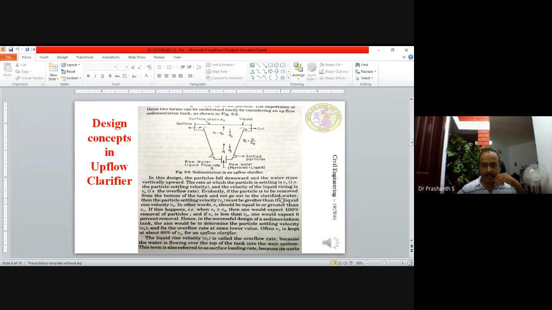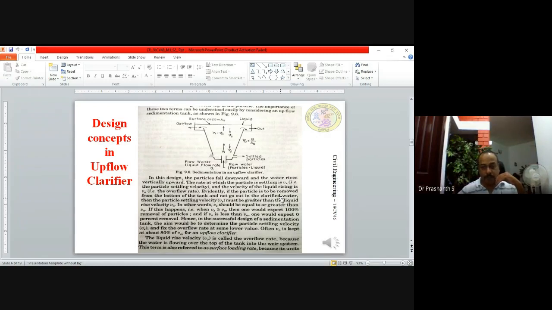Let us take the rate at which the particle is settling, the particle settling velocity, as Vs, and the velocity of the liquid rising as V naught. So V naught is nothing but, as I said, the overflow rate.